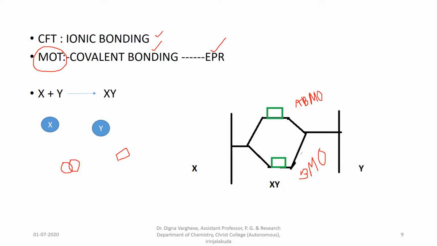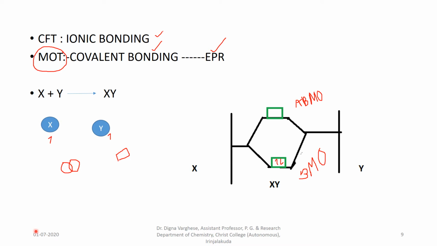If X contains one electron for sharing and Y contains one electron for sharing, the atomic orbitals combine to give the molecular orbital having two electrons, and that will occupy the lowest energy state, that is the bonding molecular orbital. If the electrons are closer towards the X atom, it means X is more electron dense than the Y atom.